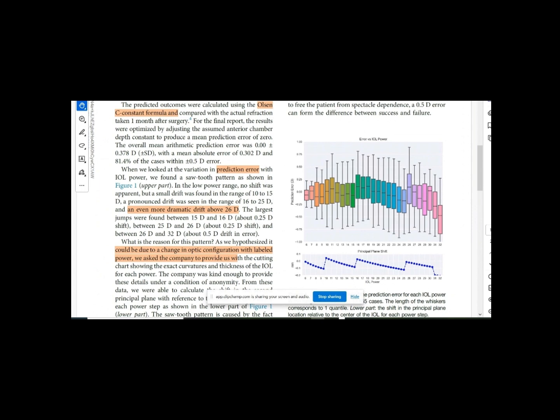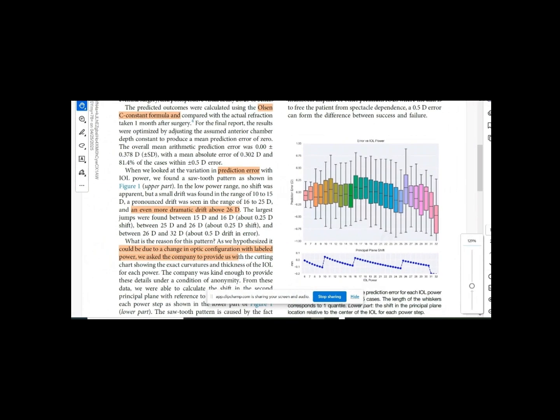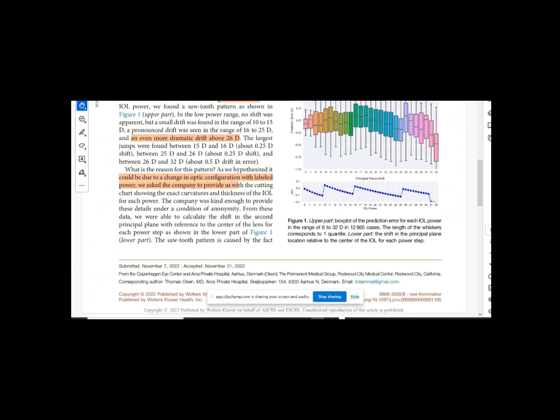And they went back to the company, asking them to provide the specifications of each of the IOLs. What do I mean by this specification? They wanted the optic configuration. As you know, most of these IOLs are all biconvex, all convex IOLs.